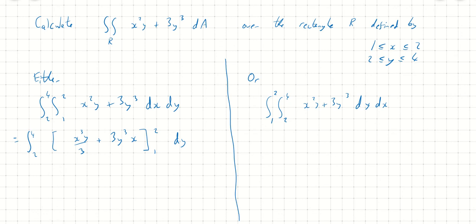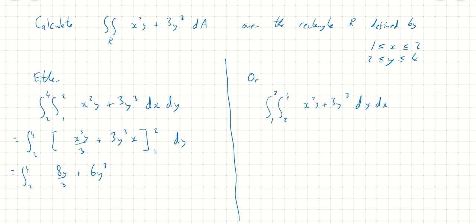Now the inner integral we're going to do just like any standard integral. We have to substitute in the limits, and remember these are limits for x, so we get x cubed y over 3, that's 2 cubed y over 3, that's 8y over 3, plus 3y cubed times 2, so that's 6y cubed.